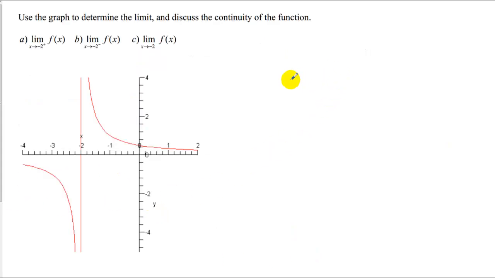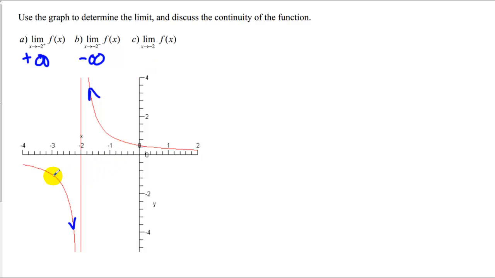So now we're going to use this graph to determine the limit and discuss the continuity of the function. As I find the limit as x approaches -2 from the positive side, that appears to be going to positive infinity. As I go to -2 from the negative side, that appears to be going to -infinity.